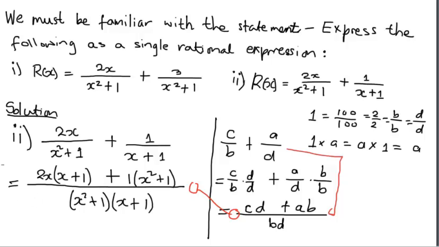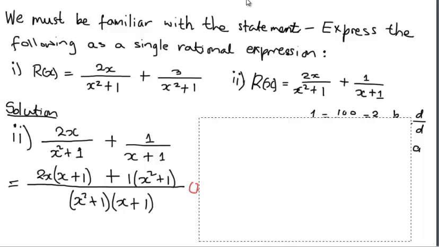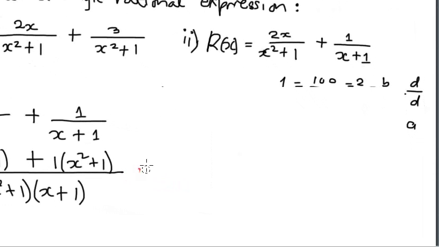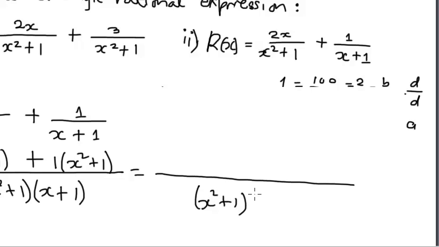Now what we need to do is to remove the brackets and simplify. We remove the brackets and simplify, which will give us the expression x squared plus 1 over x plus 1.